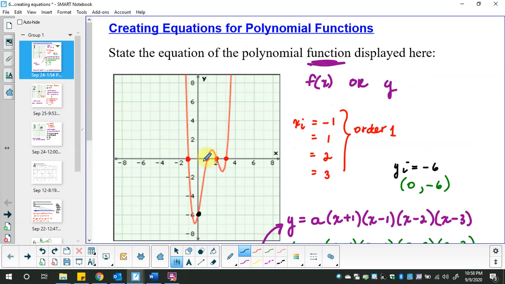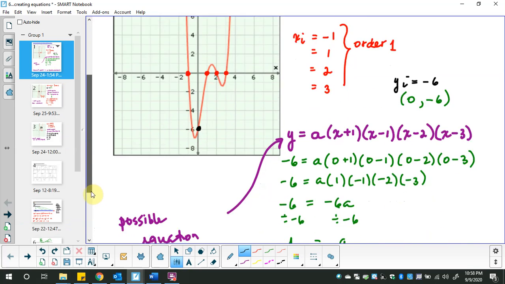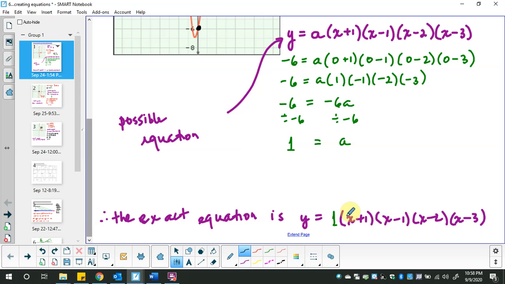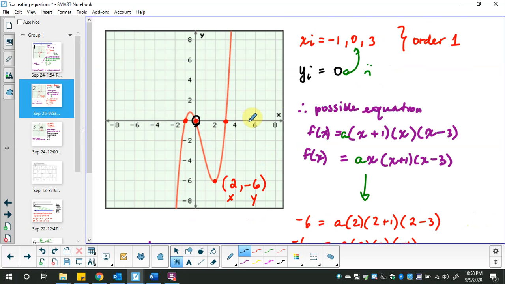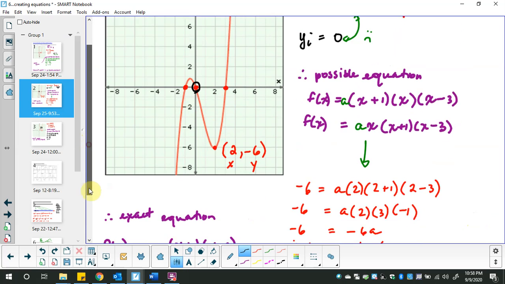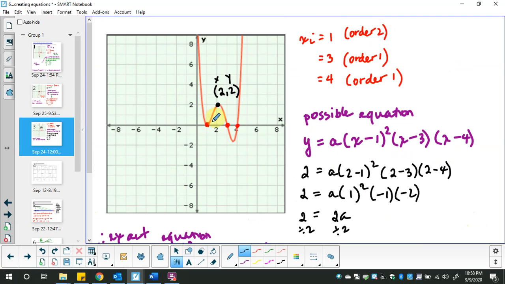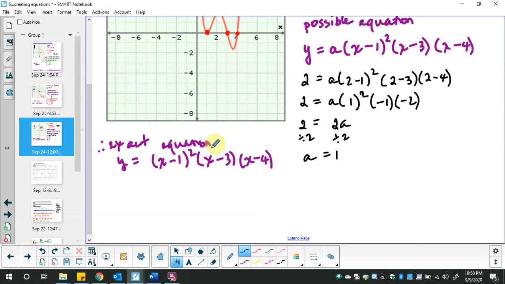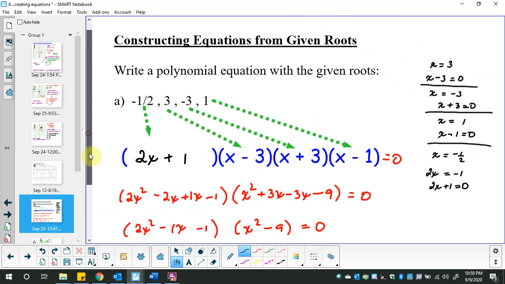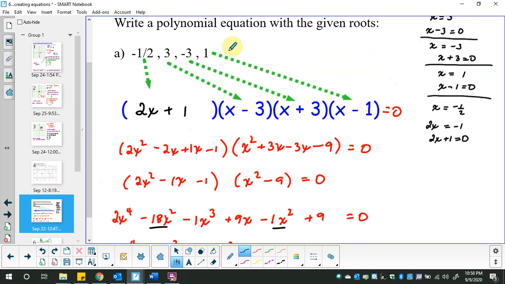Now, take a look at this stuff. This had 4 roots, your answer was degree 1, 2, 3, 4. This had 3 roots. Your answer, degree 1, 2, 3. This had 1, 2, 3, 4 roots. 1, 2, 3, 4 degrees. This had 4 roots, but not for graphing purposes.